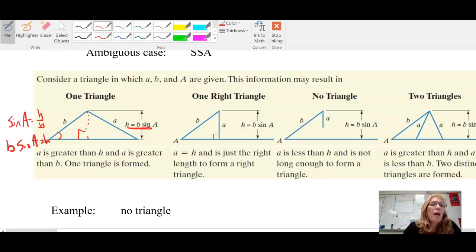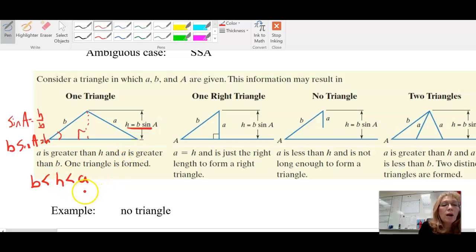Now, we have to compare the A side to this height. If A is greater than the height, and it's greater than B, if it's bigger than everybody, there's one triangle.